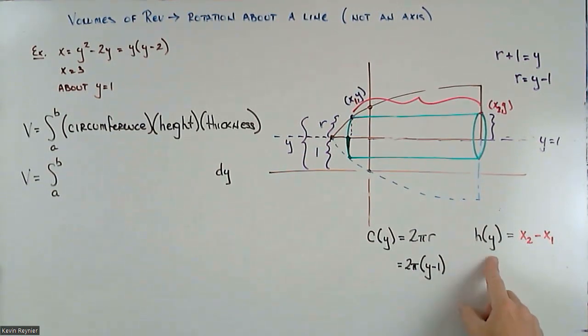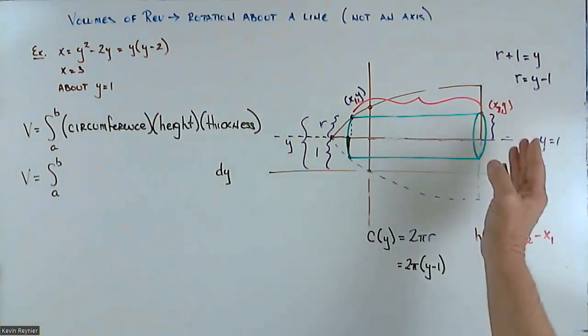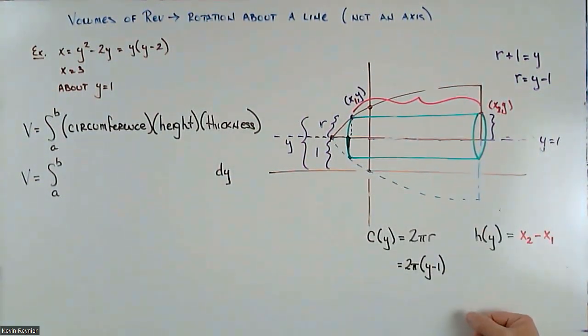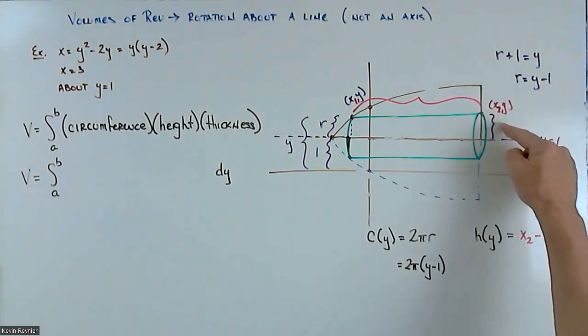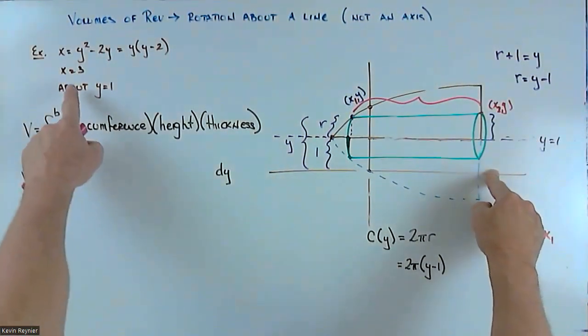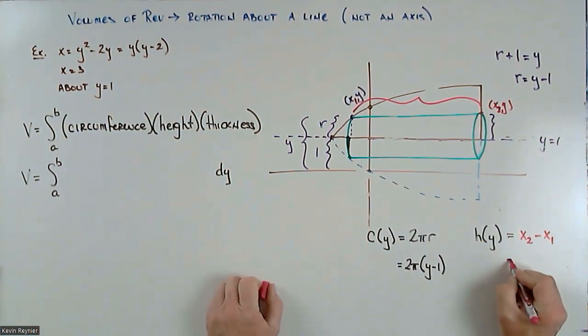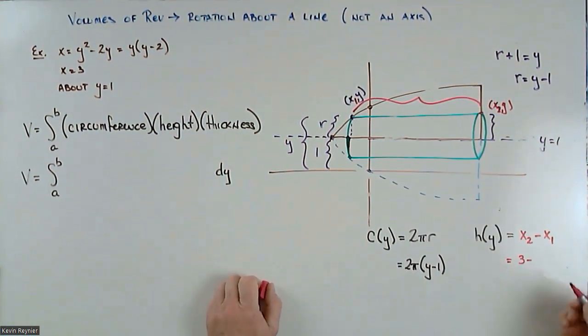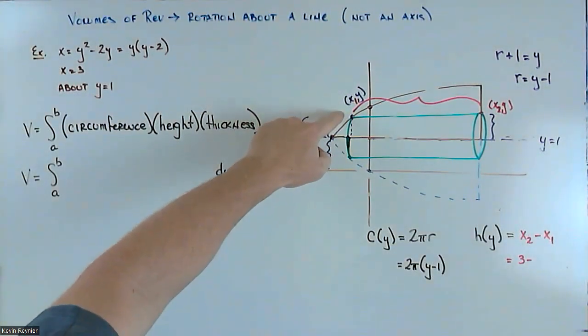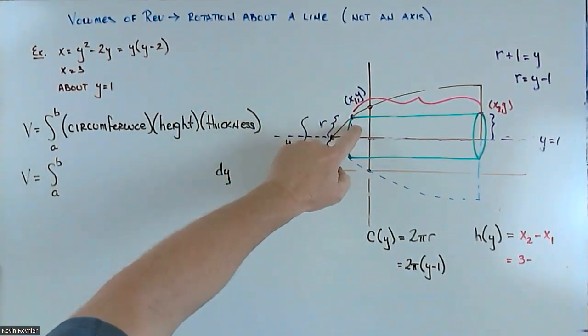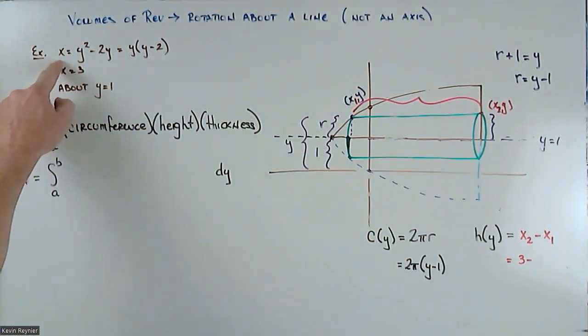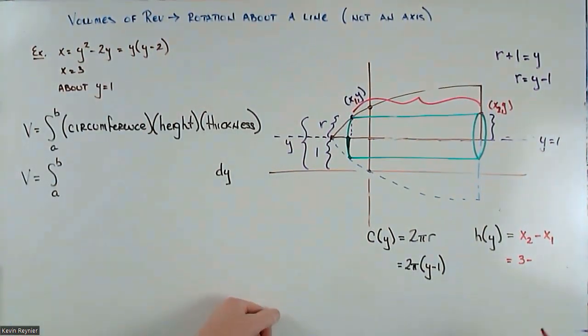Again, I need it in terms of y. This is in terms of x. But I know what those two x values are. This one is a vertical line. They told us this line was x equals 3. So x sub 2 is going to be 3. X sub 1 lies on this curve. And I know on that curve that x is equal to y squared minus 2y.